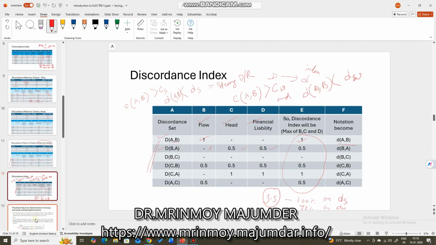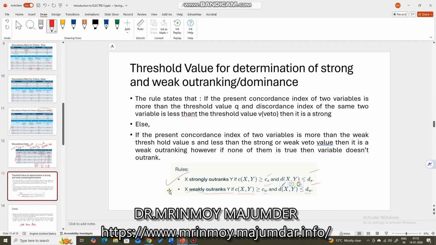Once this is done, we try to find the rules of strong outranking and weak outranking. For strong outranking, the concordance index between two alternatives must be greater than the strong concordance threshold value, and the discordance index of the same two alternatives must be less than the strong discordance threshold value.